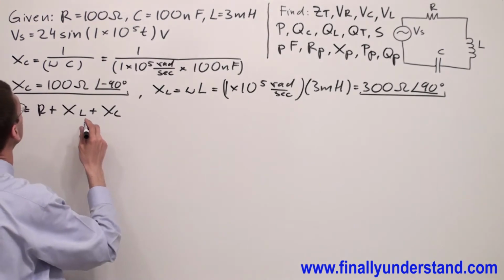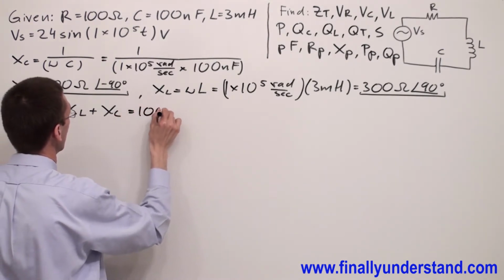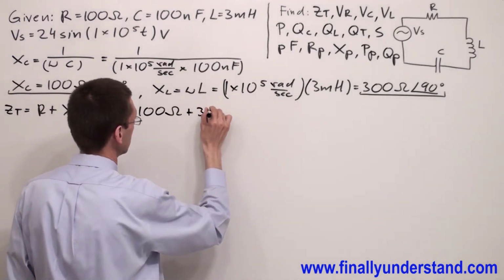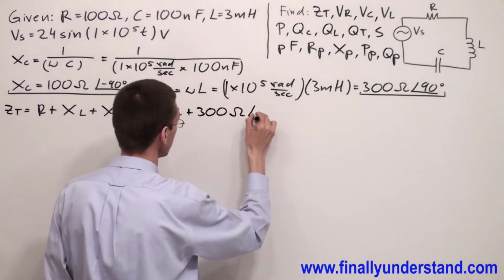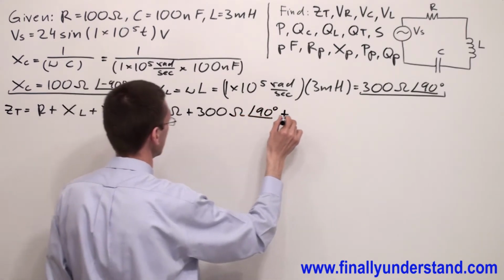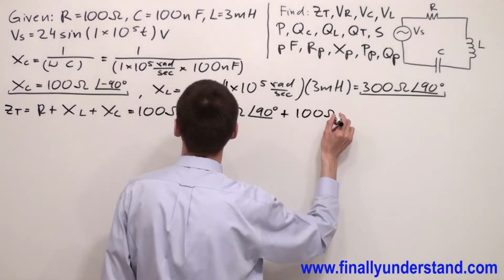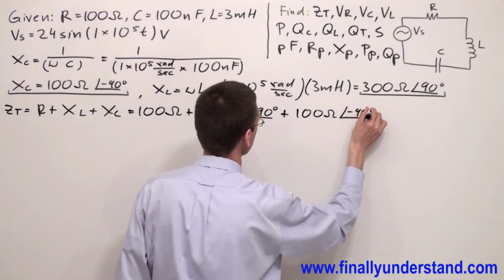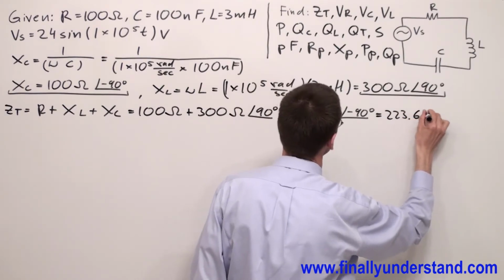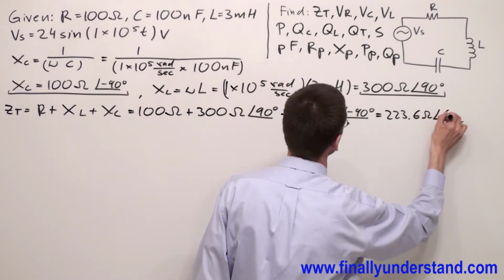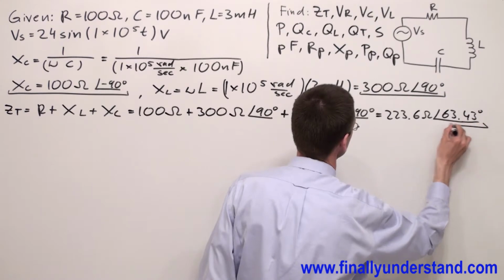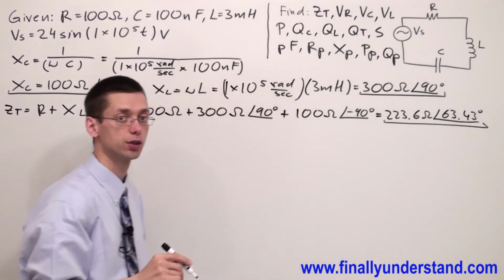So I have resistance equal to 100 ohms plus X of L, which is equal to 300 ohms, an angle of 90 degrees, don't forget about the angle, plus X of C, which is equal to 100 ohms, an angle of negative 90 degrees. 223.6 ohms, an angle of 63.43 degrees. So this is the total impedance of my circuit.